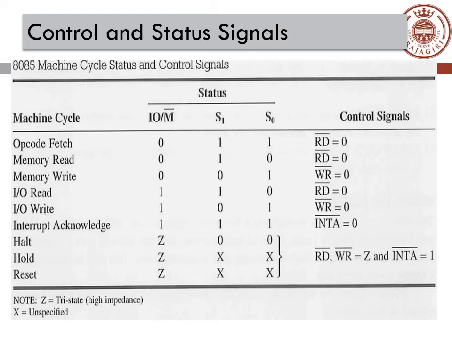In that case, the data will be taken from the memory and given to the instruction register. And if you are going to perform a memory read operation, S1 S0 values are 1 0, and if you are going to perform a memory write operation, those values are 0 1. So this is the combination used for memory read and memory write operations.